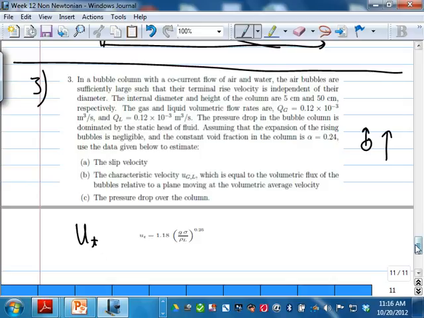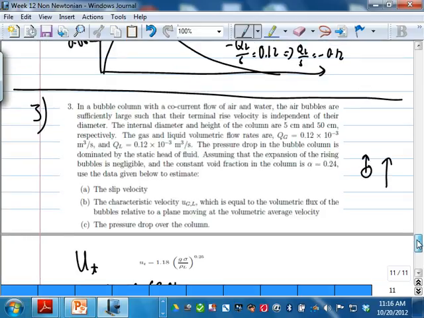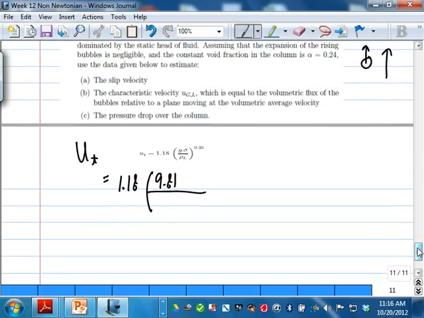Okay, so that is equal to 1.18, g is 9.81, and the liquid is water, so rho L is 1000 or 998, to the power of 0.25.